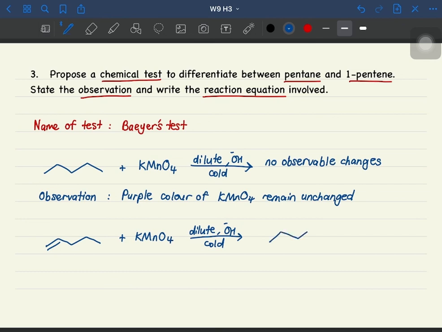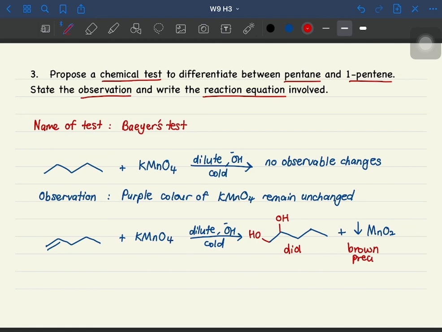So at both carbons involving the carbon-carbon double bond, we're gonna add OH. So let's use red colored pen. So OH and also OH. By having two hydroxyl groups attached to these carbons means we are going to form diol, together with the brown precipitate of MnO2. Usually for precipitate, we use this symbol showing that this is a brown precipitate. So we have to indicate them in our reaction equations.